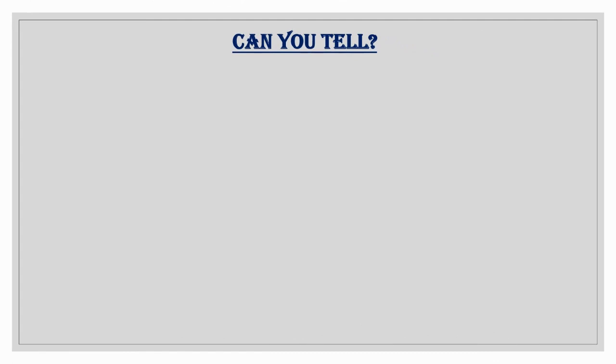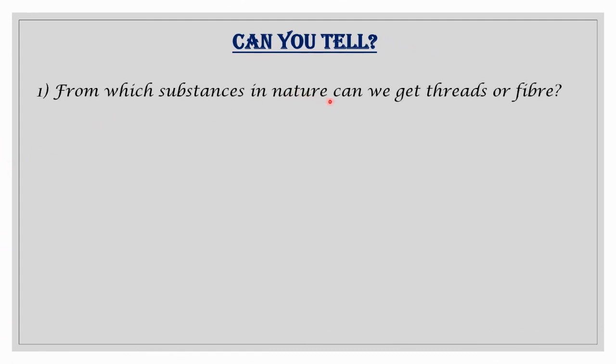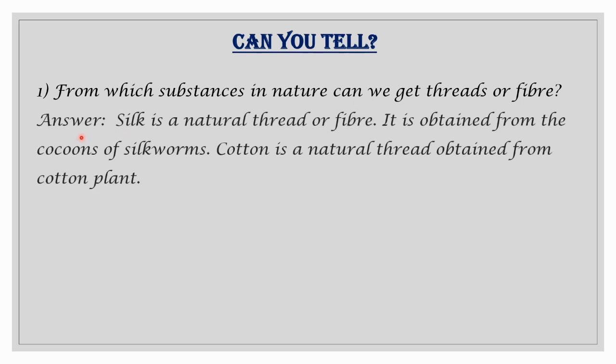Now, can you tell from which substances in nature we can get threads or fiber? Yes, silk is a natural thread or fiber and it is obtained from the cocoons of silkworms. And cotton is a natural thread obtained from the cotton plant.